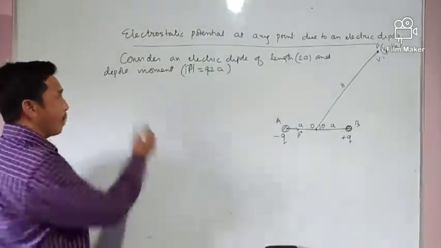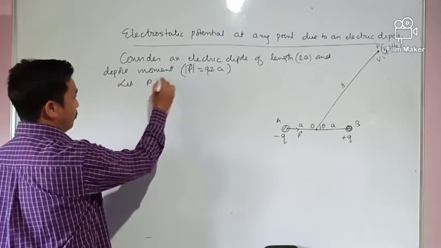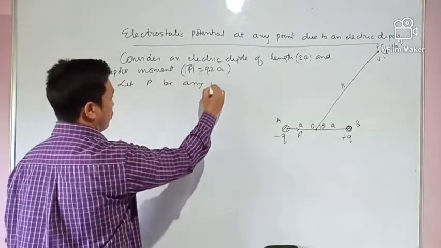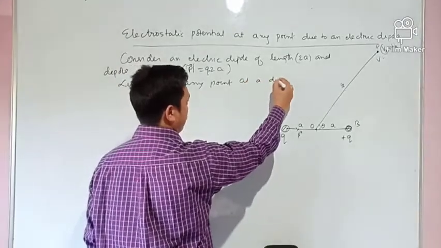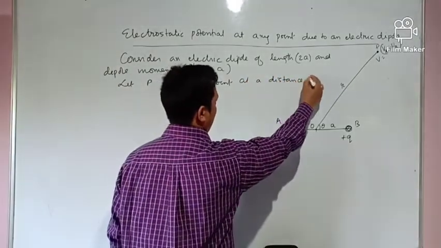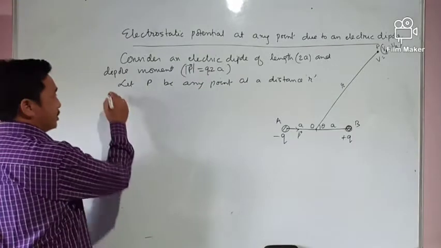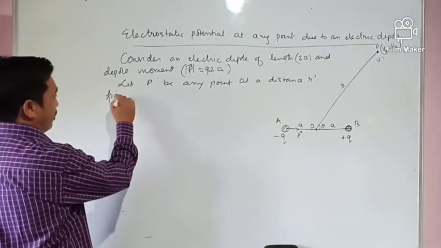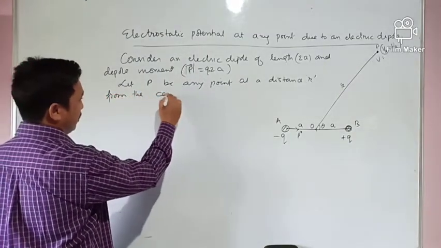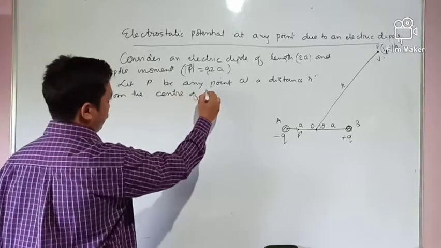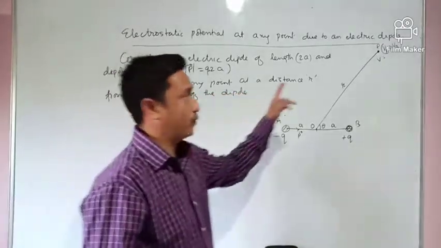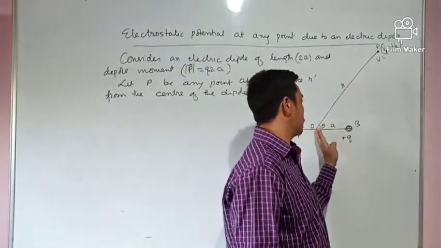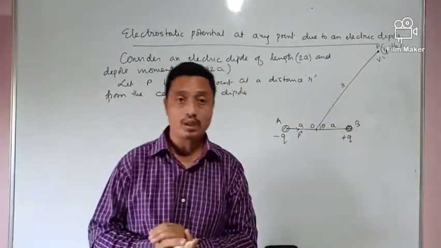Now let P be any point at a distance r from the center of the dipole. This is what we have to introduce, that P is any point which is at a distance r from the center of the dipole.